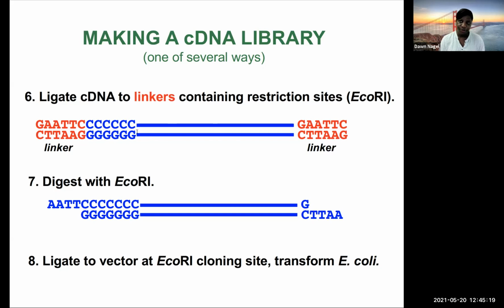The linker is optional if you want to clone this cDNA into a vector using a restriction ligation method. Then you would need to have the linkers with the restriction enzyme site that corresponds to the vector region that you're going to put it into. So maybe you have your plasmid with a multi-cloning site in the middle, as you recall, and you want to put it into that site, okay?